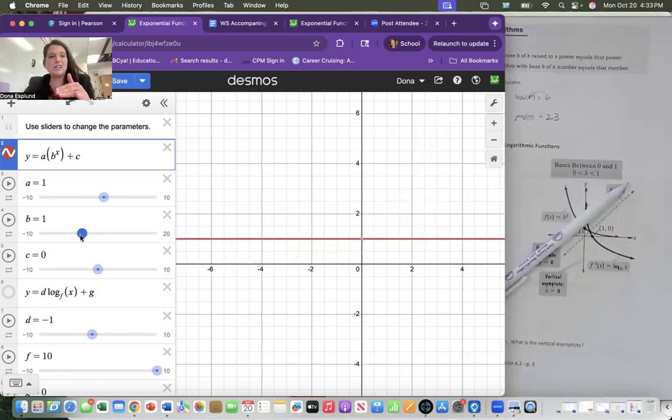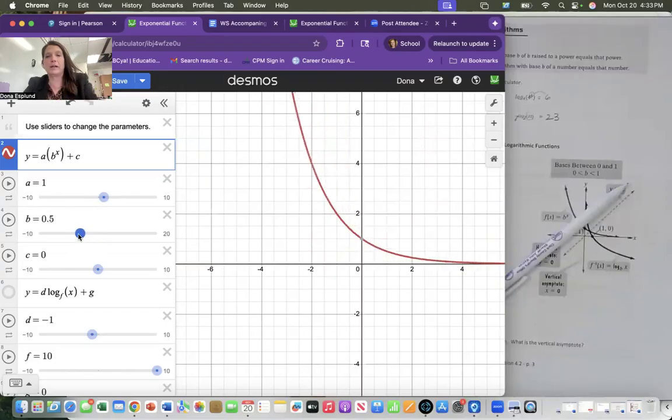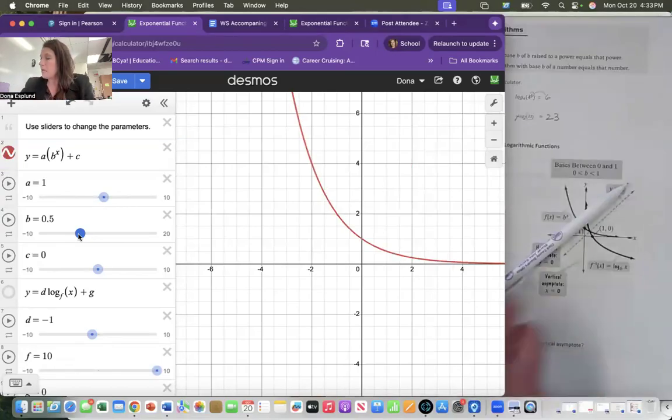But notice if I change it to 0.5, which is 1/2, I'm having a hard time grabbing it, just going one little. There's 0.5. Okay, so this is actually showing it's flipped. And as x gets really, really big, now it's going to go closer to your asymptote.